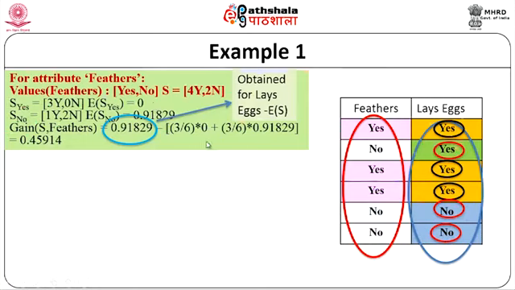One of the terms is 0, so the information gain because you use feathers is 0.45914.